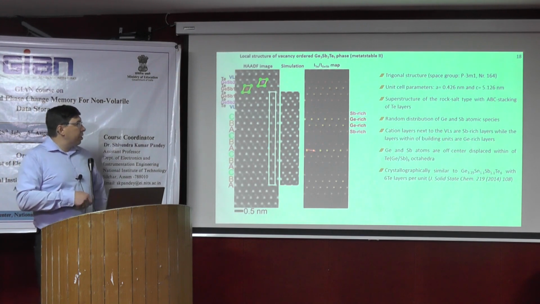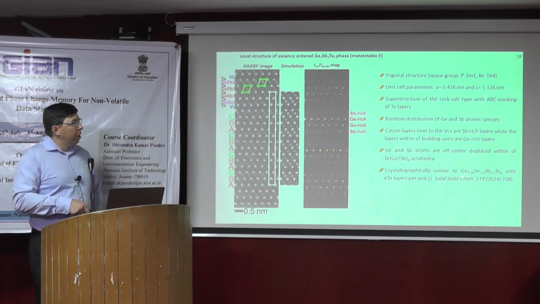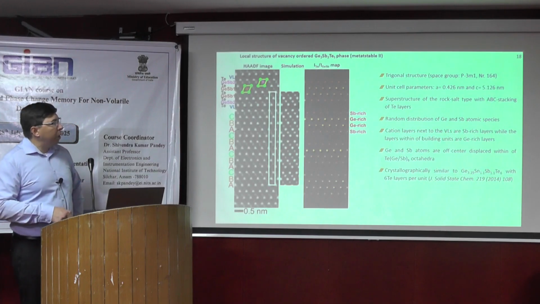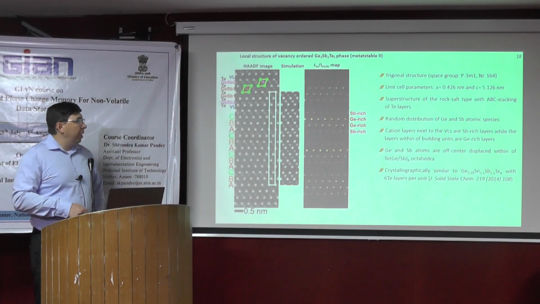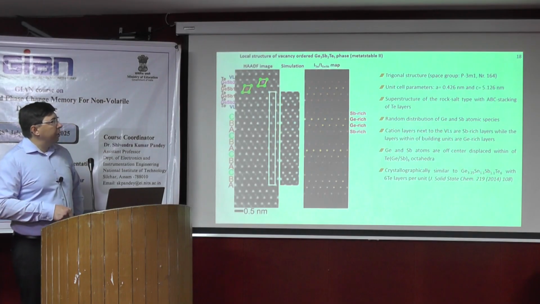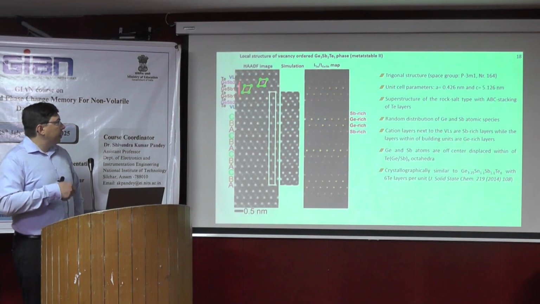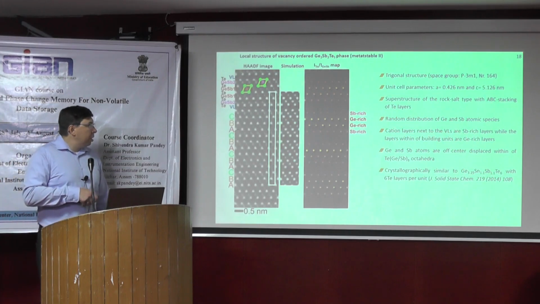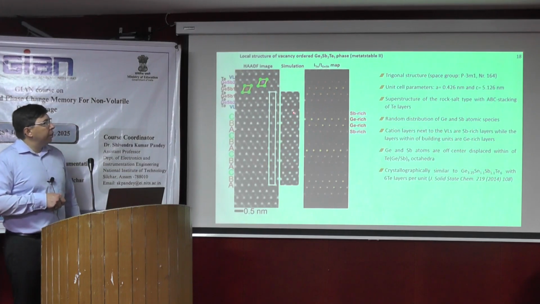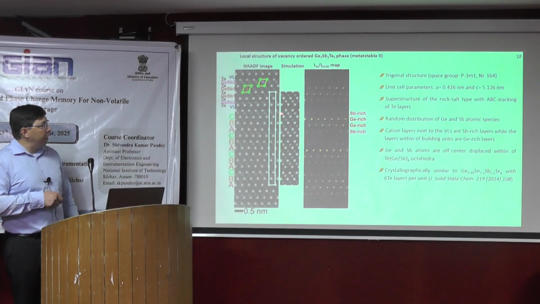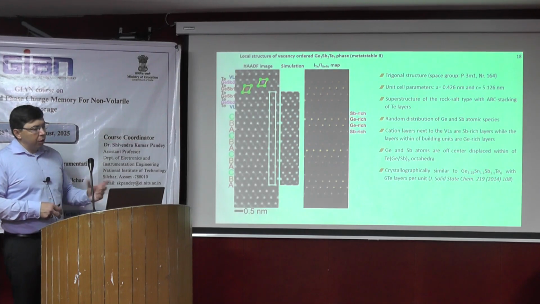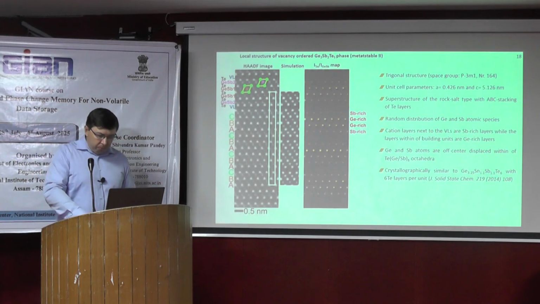Crystallographically, this structure is similar to this compound, germanium antimony telluride, with 6 tellurium layers, and this shows a superstructure of rock salt type, the ABC stacking. Here we have the formation of antimony-rich layers close to the vacancy layers, and germanium-rich layers inside such building units.